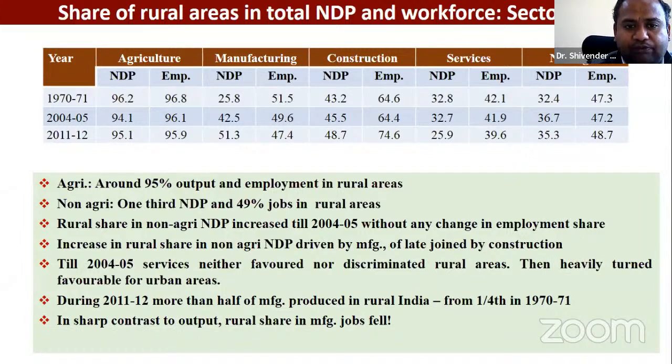So they are shifting their base towards rural areas, but there is no change in employment. It is almost the same 50% share, whereas employment share also has to increase. That is not taking place, and this is worrisome. This is jobless growth in the manufacturing sector. It means that output is increasing, but employment is not increasing.